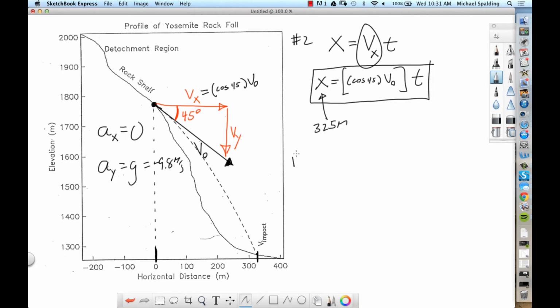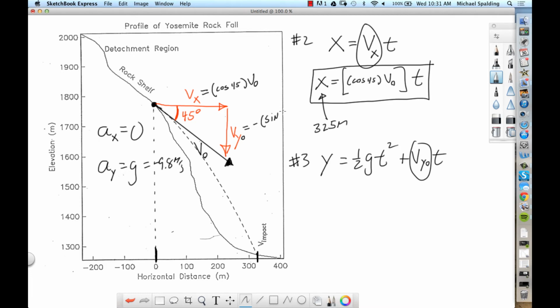Okay, now number 3 says to write an equation for the vertical component of the rock's motion. So use the first kinematic. It's the most commonly used kinematic. y equals 1/2 g t squared plus vy initial t. Now what can we say about vy initial?